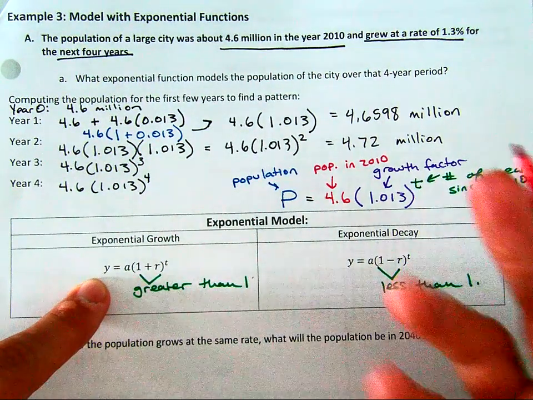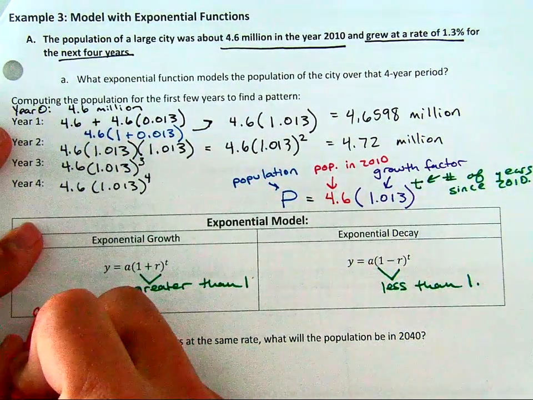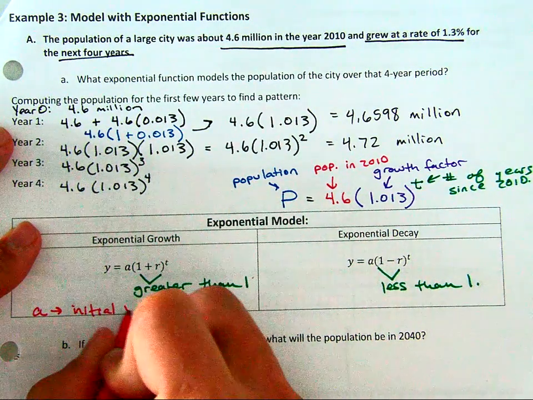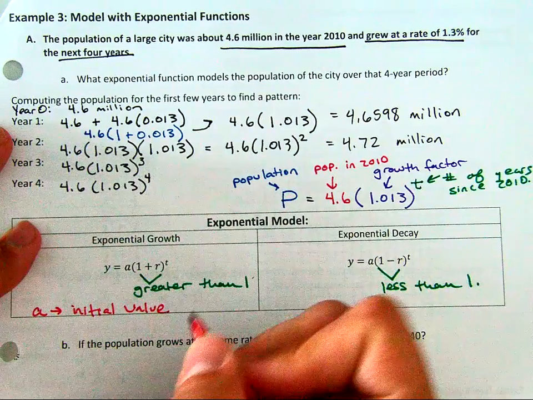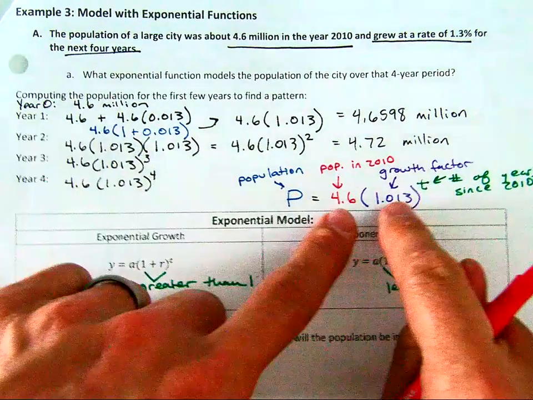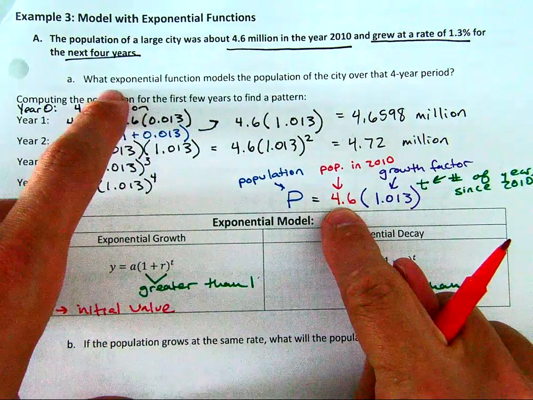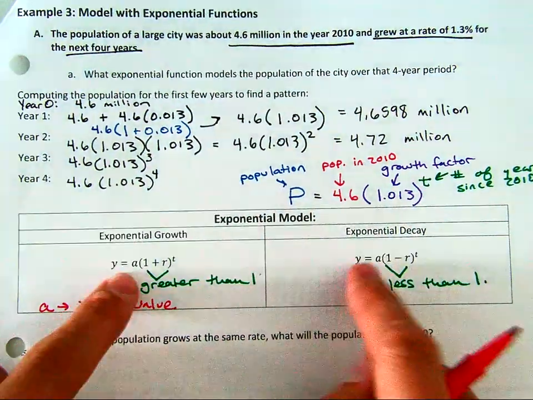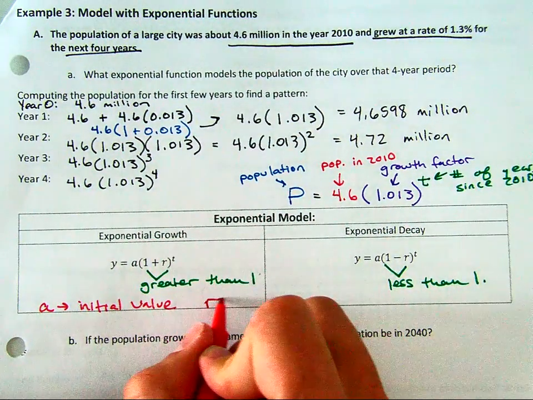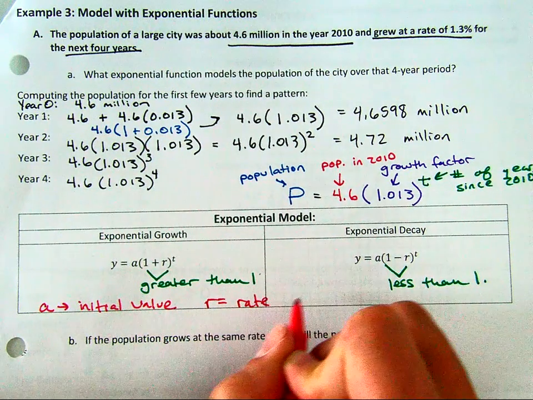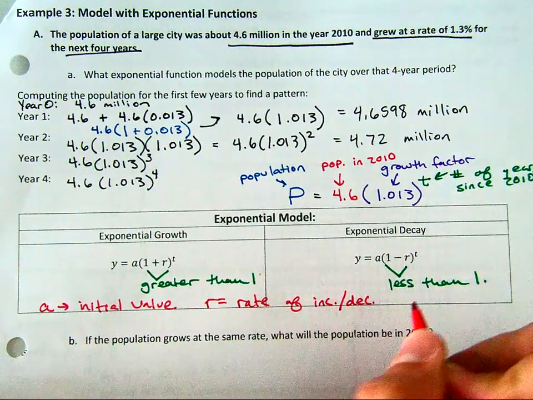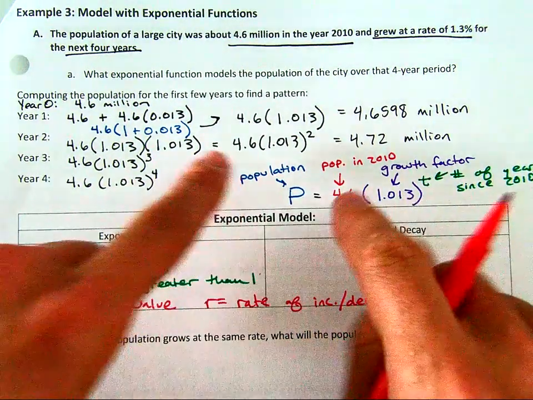Like in this example right here, the initial population of the town when the exponential model started was 4.6. So that's the A. The R represents the rate of increase or decrease. In this case, the rate was 1.3%, or as a decimal, 0.013, which was added to 1.